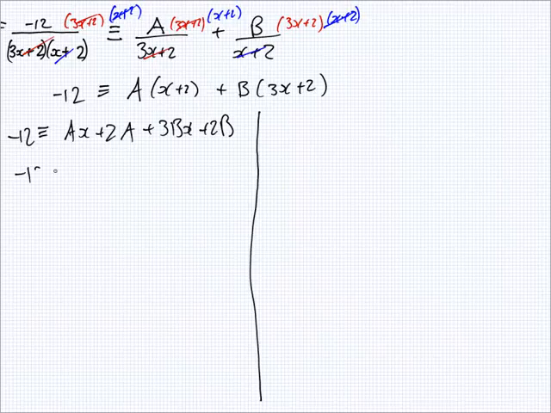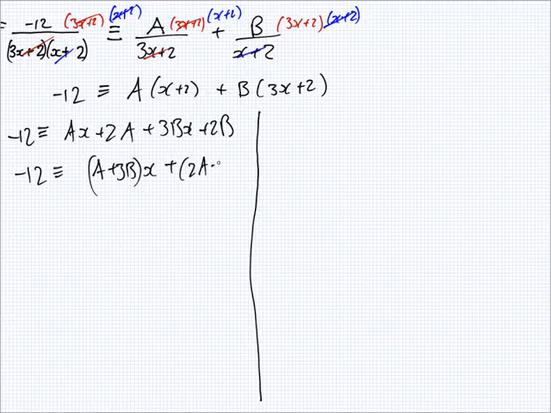So minus 12 should be the same as a plus 3b x plus 2a plus 2b.